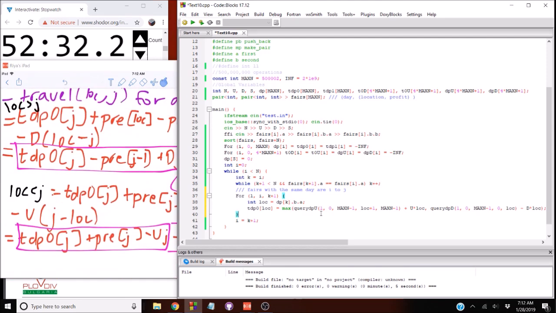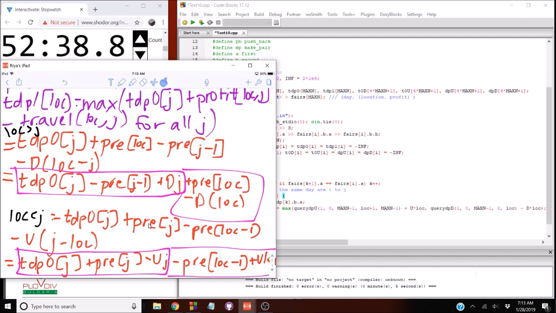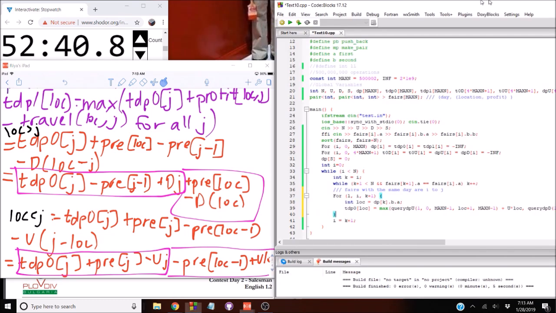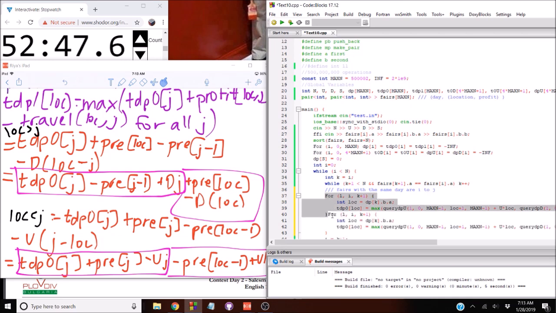Now we need to do TDP 1. And TDP 1, recall, is the max at the end of the day. So TDP 0 is the max at the beginning of the day. So we'll just loop through again.